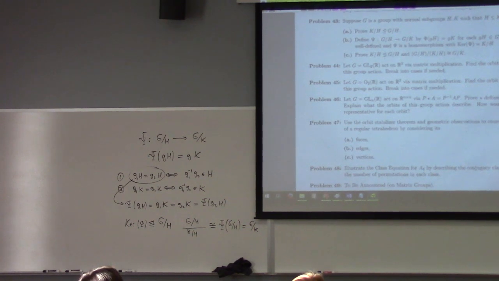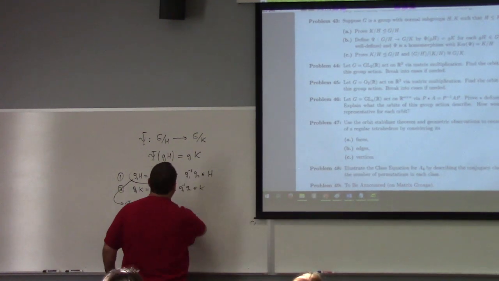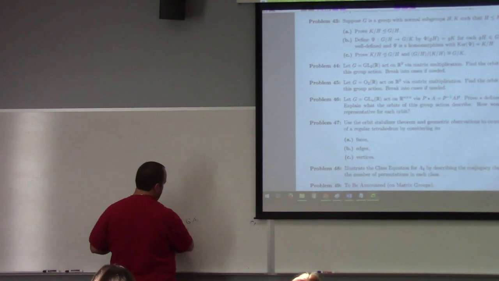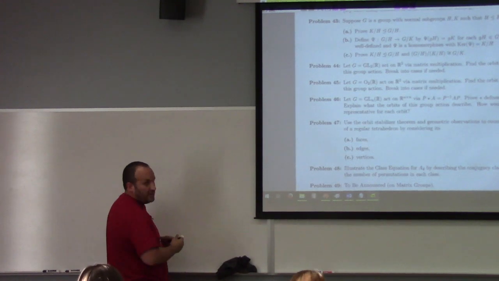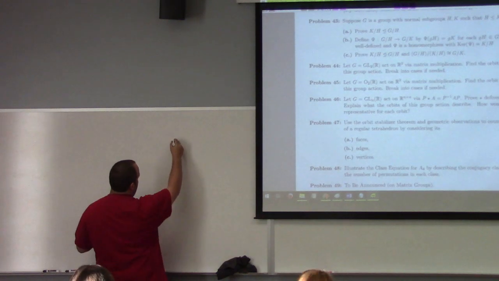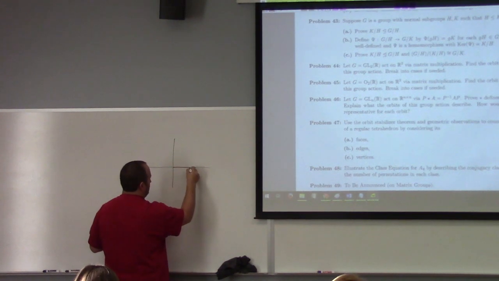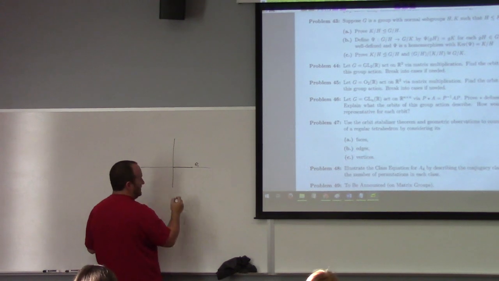I showed some of you how to do 44 and 45. Have you shared that with the others? Oh, okay. So the basic idea is this. When we're looking at a matrix group acting on R^n, it's often helpful to focus on something really simple to rotate. So E1 is pretty easy to work on.